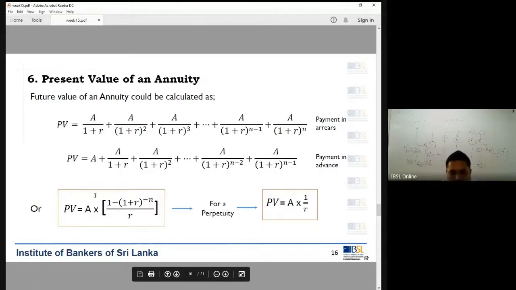This entire section will be repeated. So instead of this n, now we have n minus 1 number of cash flows. Isn't that so? So the rest of the part, if you look at this, A divided by 1 plus r, A divided by 1 plus r to the power 2, similarly it goes up to n minus 1. Okay? That's what is repeated here. So if you have a cash flow like this up until n, your equation is going to be something like this.